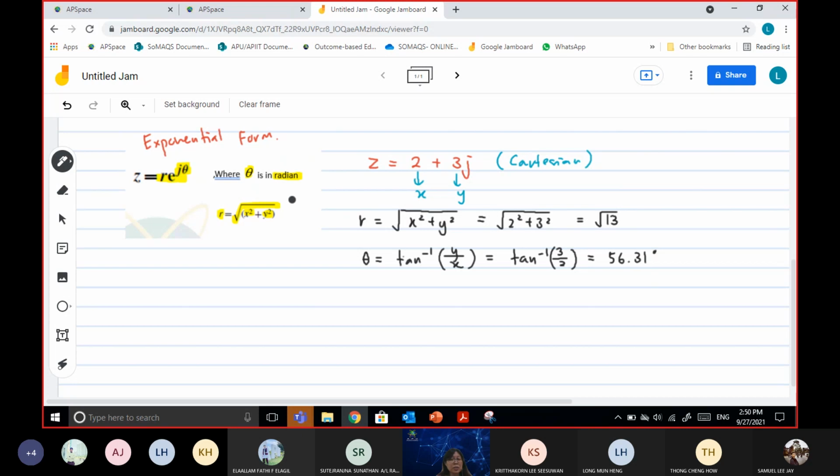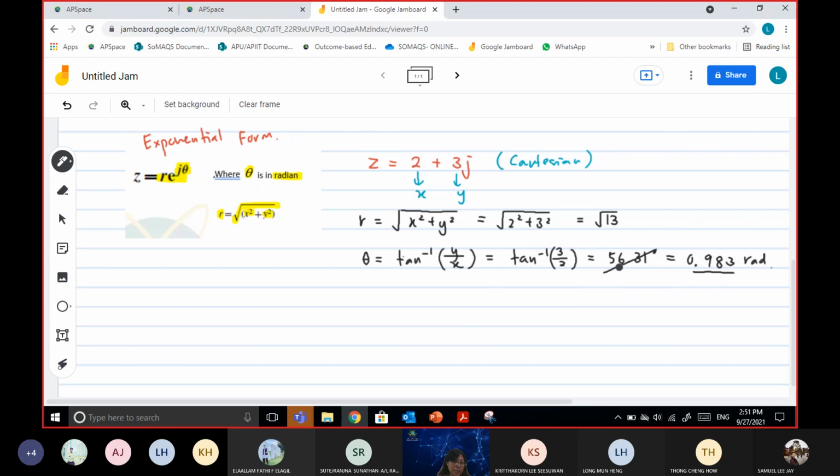But since your theta must be in radian, you change the calculator mode to radian. When you change the mode to radian, it gives you 0.983 radian. So you don't need to calculate the value in degrees, since the theta of the exponential form must be in radian.